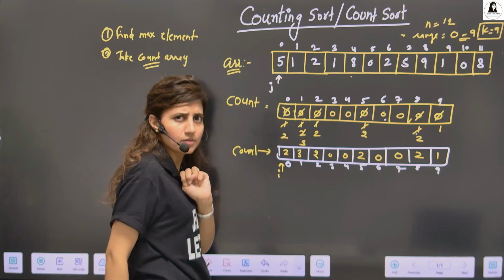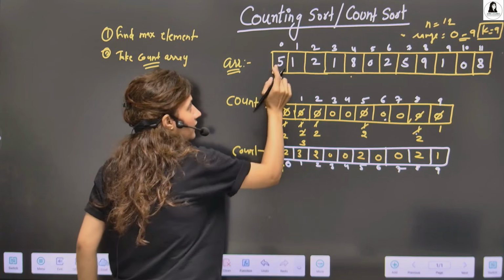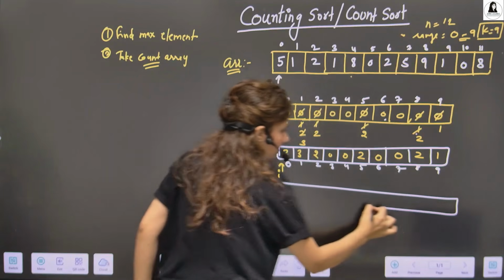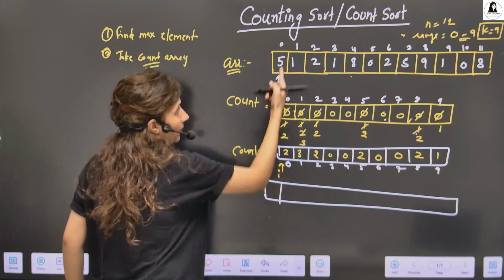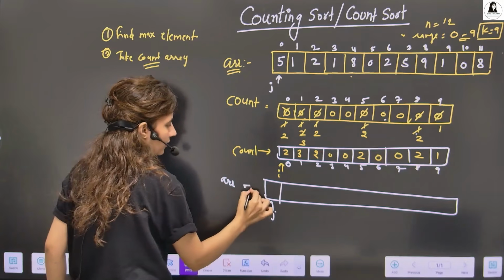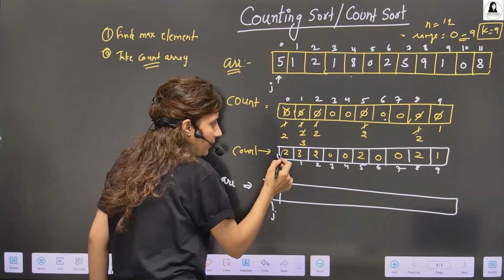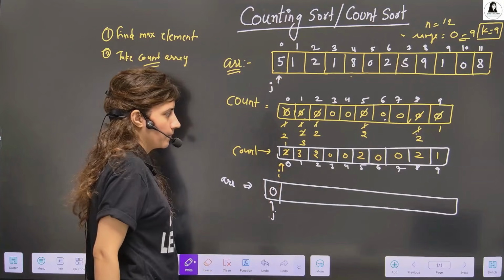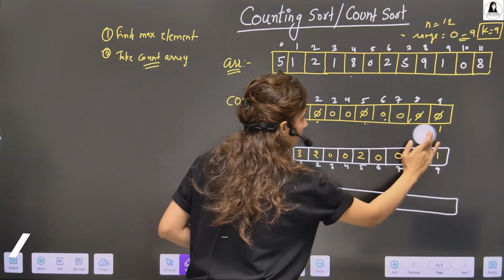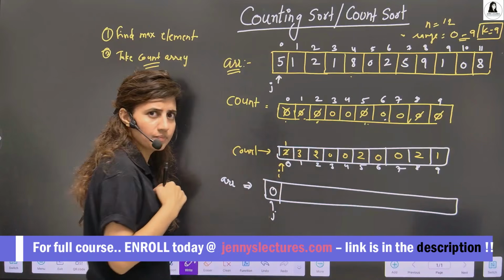So at this index in my original array we write 0 and we decrement the count by 1.